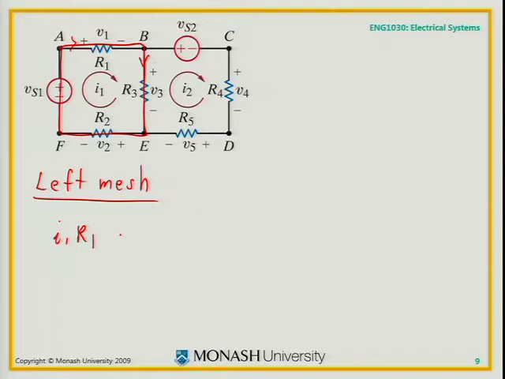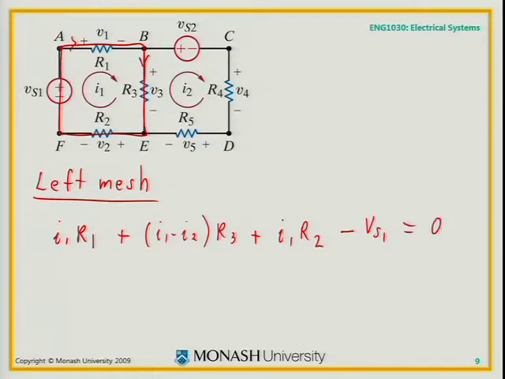What is the current going down through that resistor? I1 minus I2. That's fantastic. I1 minus I2 times R3. Down the bottom, well, that's just the current I1 again, flowing through resistor R2. So it's I1 R2. Then it'll be minus VS1 because I hit the negative sign first, equals 0.